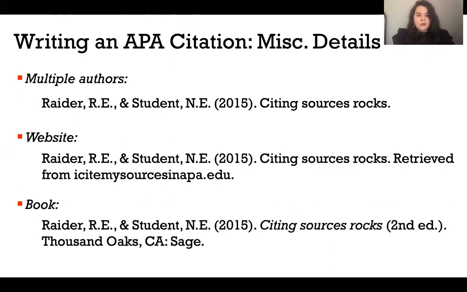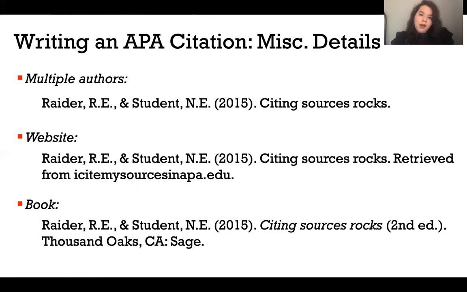Details for the citations will vary from medium to medium. For example, a website citation will look different from a book citation, from a movie citation, from a tweet to an email. Everything is different. So I suggest that you look up the type of citation you're doing just to make sure you've got all the bits and pieces in the right place. But these are a few common things you might run into when citing information for your speeches.